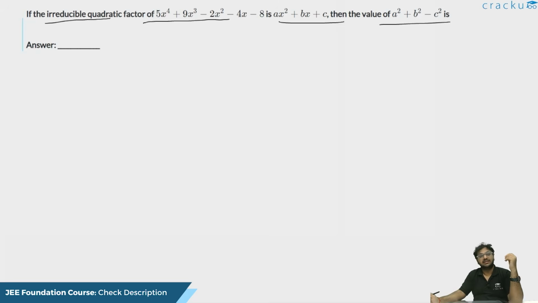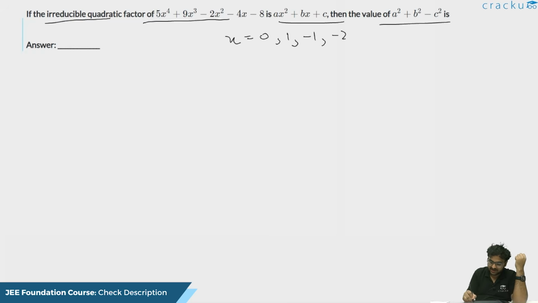Whenever I see a biquadratic equation, the first thing that comes to my mind is to put x equal to 0, 1, minus 1, or minus 2 or 2. If I put these values and find that one, two or three of them are roots of this equation, we can factorize the other roots as well. So let us see.